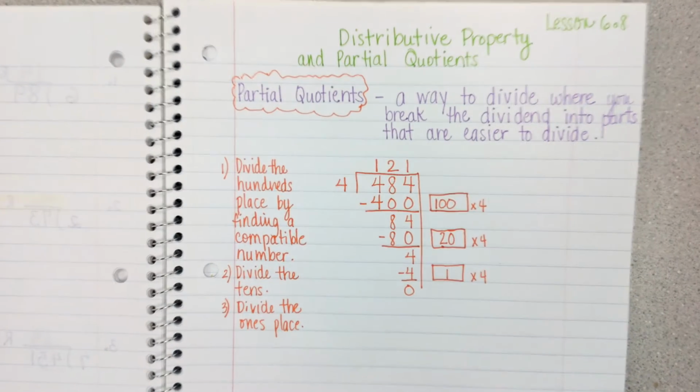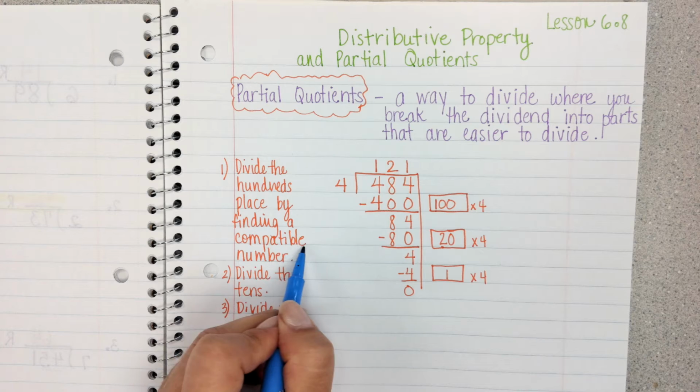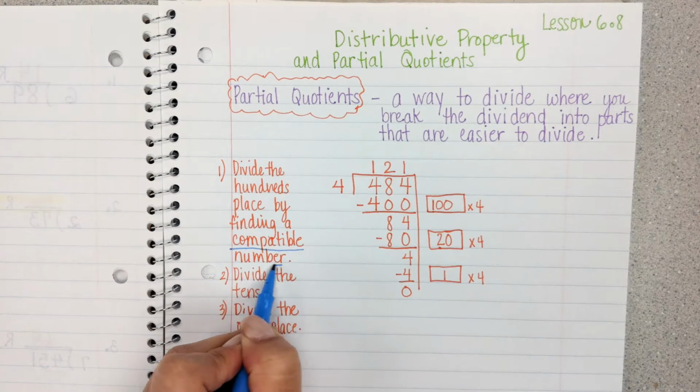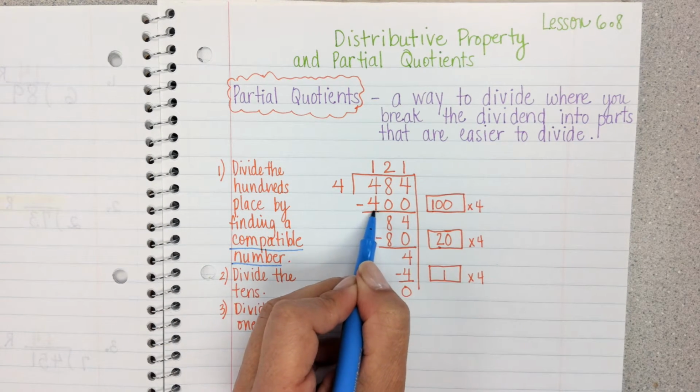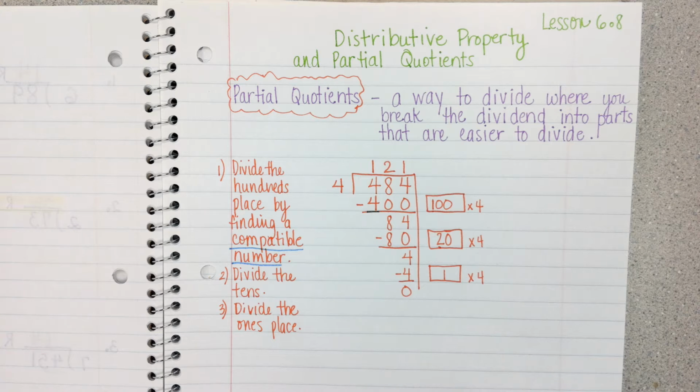The key there is that you were looking for a compatible number, kind of like in the greatest place value. That made it very easy.